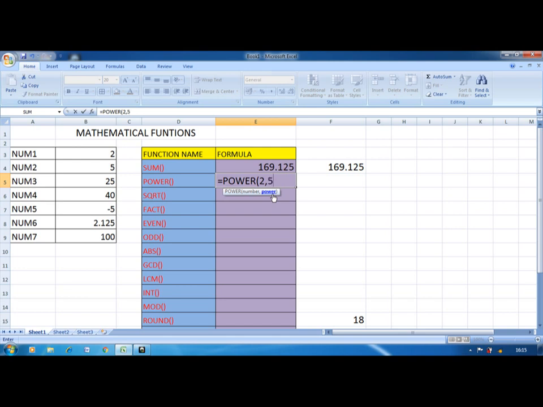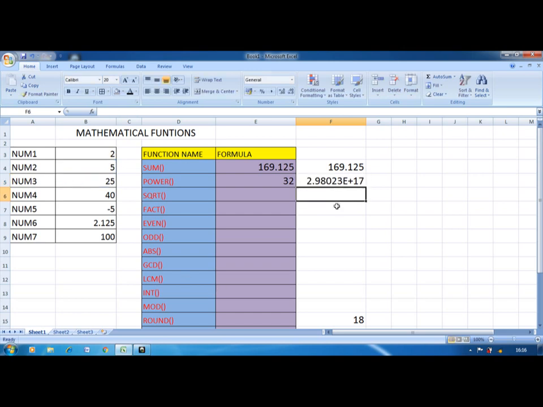2 comma 5. So 2 raised to 5 is how much? 2 2s are 4, 4 2s are 8, 8 2s are 16, 16 2s are 32. See, 32. Or if I want to find 5 raised to 25, 5 is my base number and power is 25.